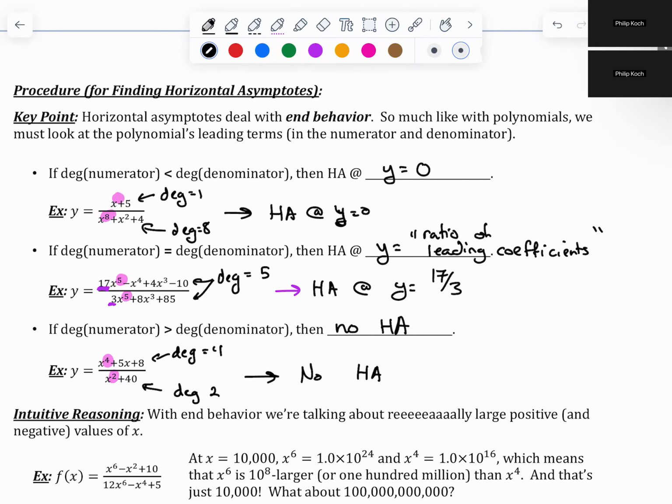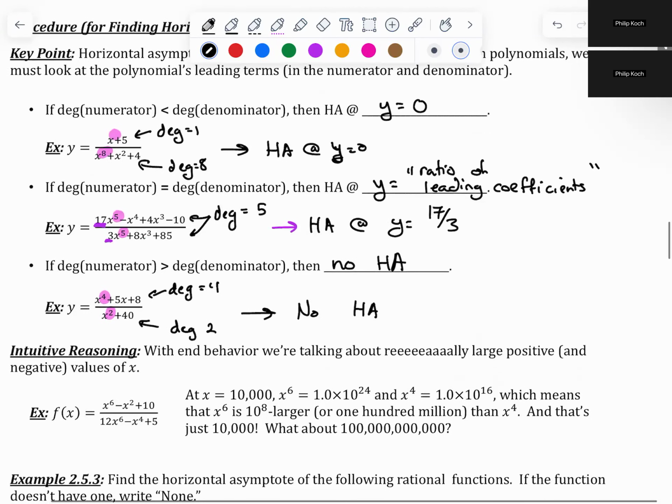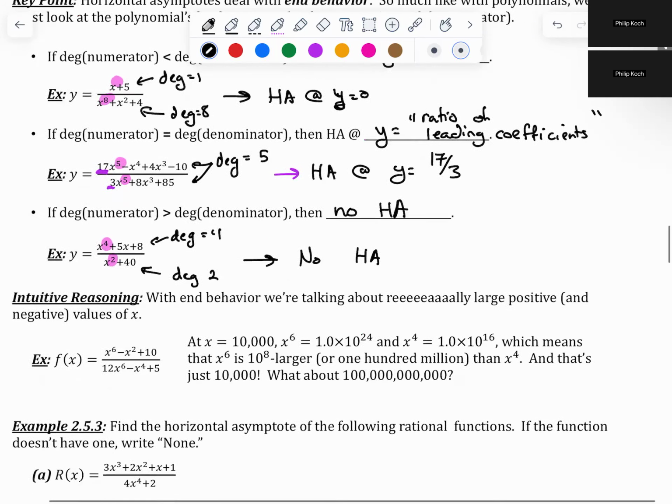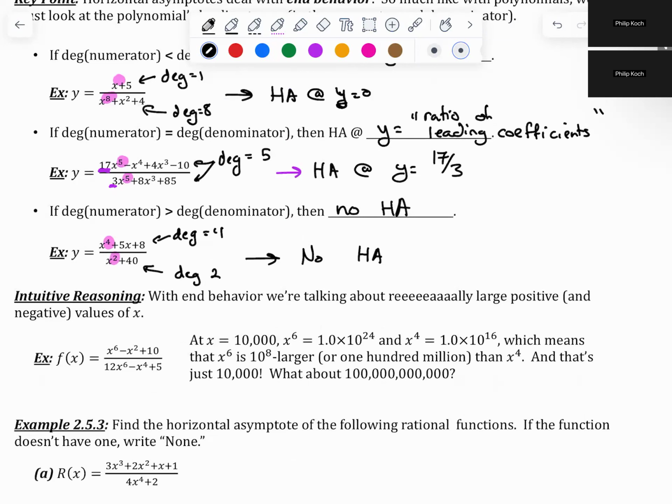So why is that the case? The key thing to remember, just like with end behavior, is that we're dealing with numbers that are really, really large, whether positive or negative is irrelevant. I looked at this example in particular.